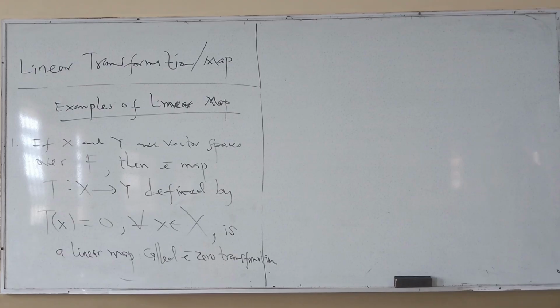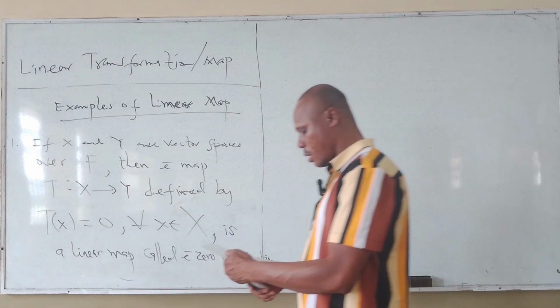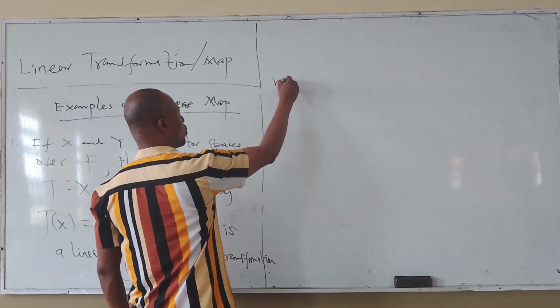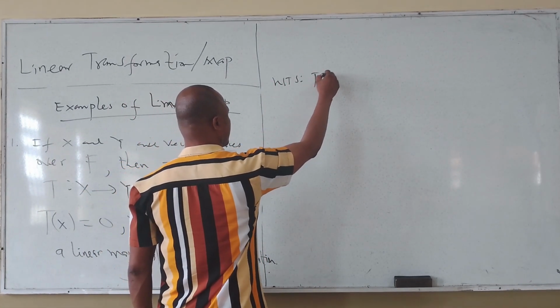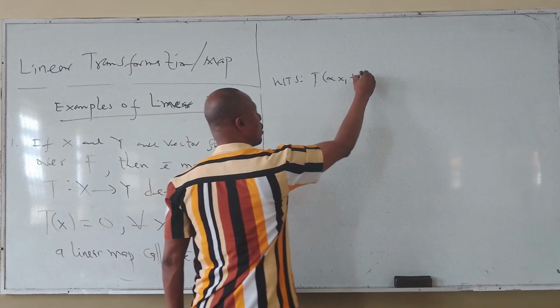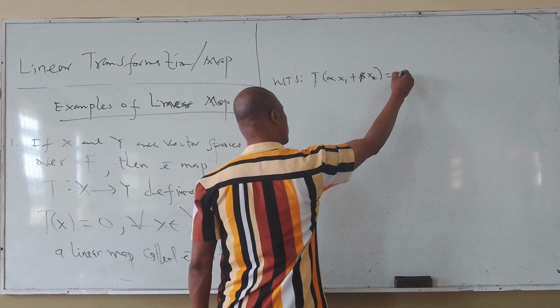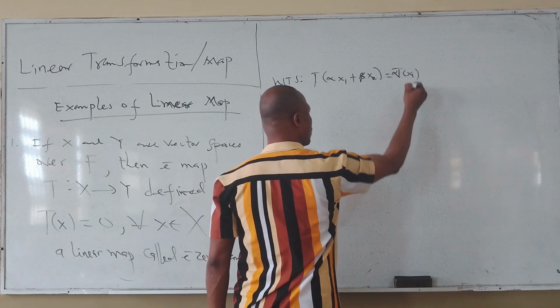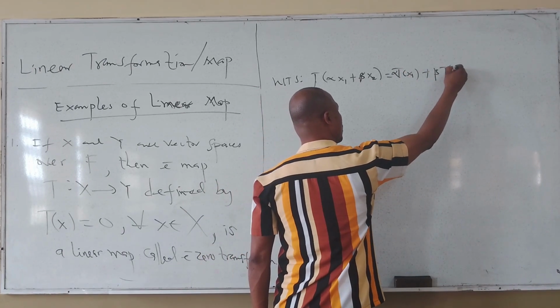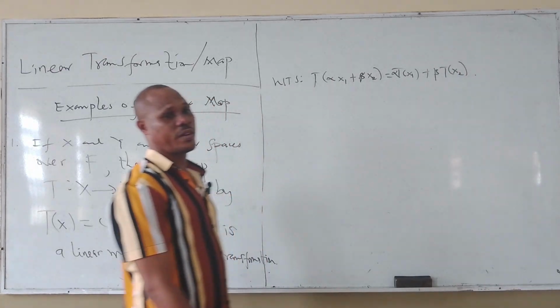To justify that it's a linear map, if you want to use the combination of the two definitions, you have to get your scalars and two vectors x1 and x2 from the space X. So you want to show that T of alpha x1 plus beta x2 is equal to alpha T x1 plus beta T x2.